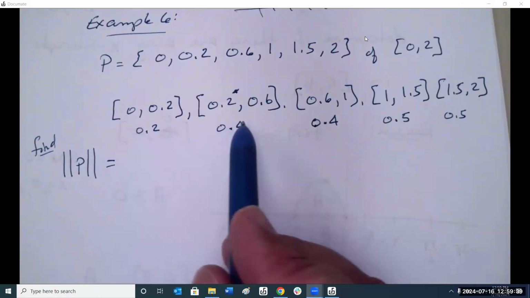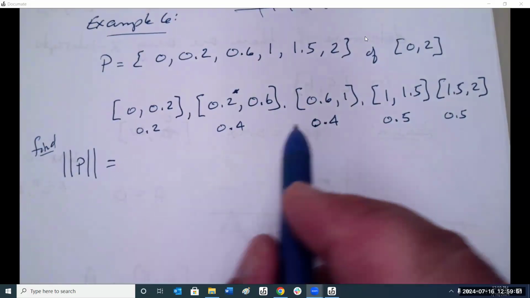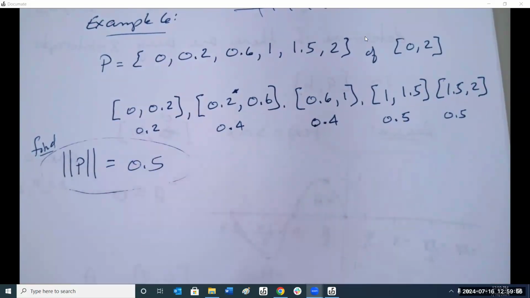So these are the widths of the intervals. So what's our norm? What's the biggest one? Yep, so that's our norm.